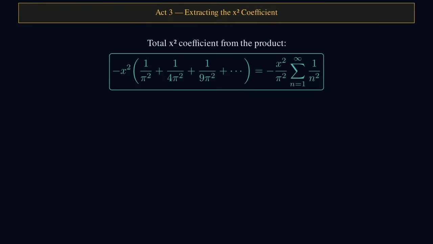Factor out the pi squared and we have negative 1 over pi squared times the sum of 1 over n squared. This is the x squared coefficient from the infinite product side.